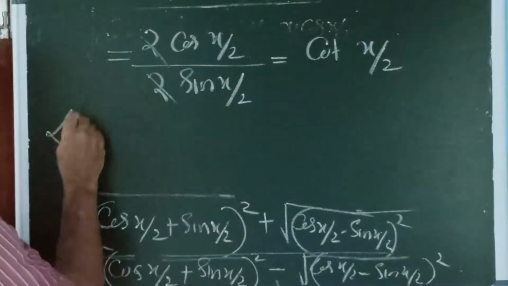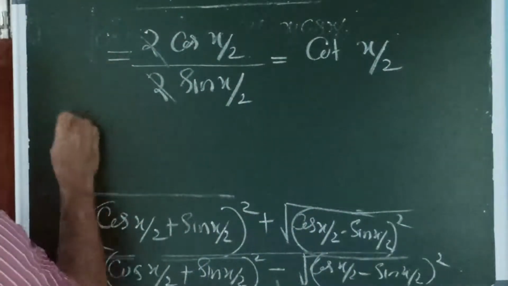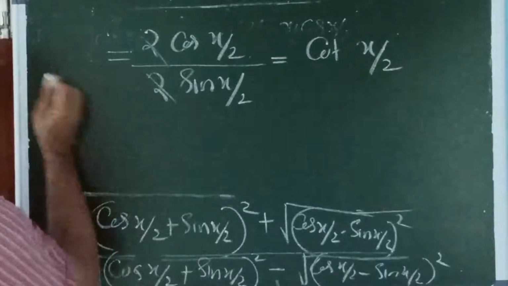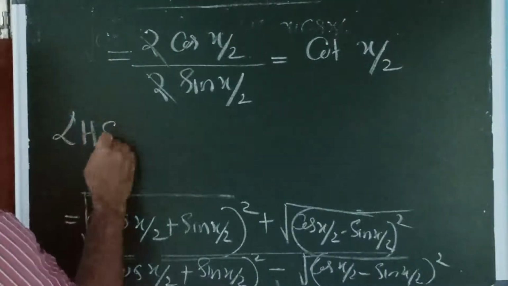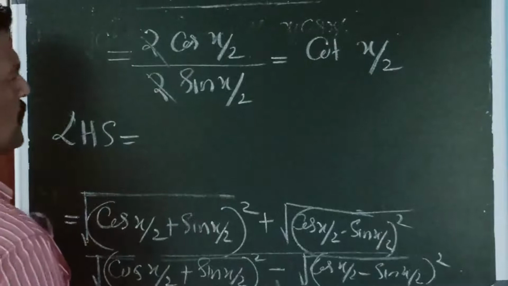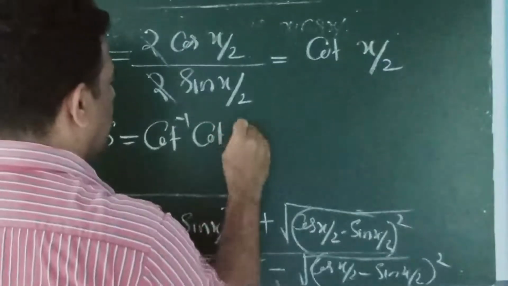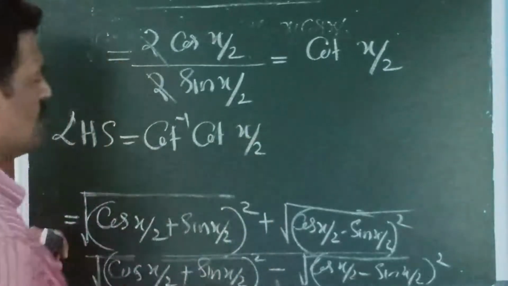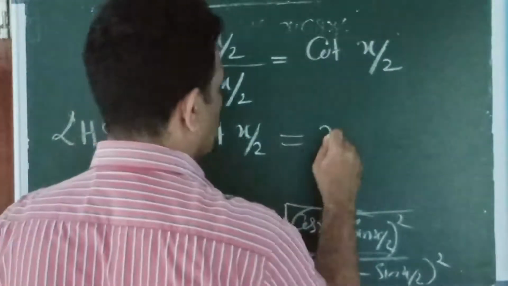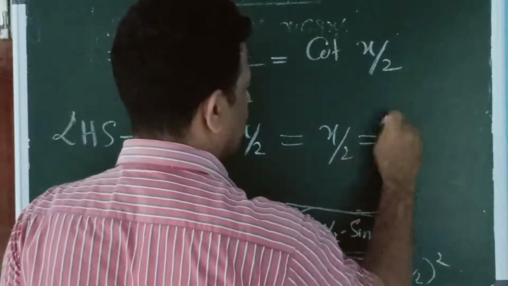Therefore the right hand side is equal to cot inverse cot x by 2, that means x by 2. That is the right hand side.